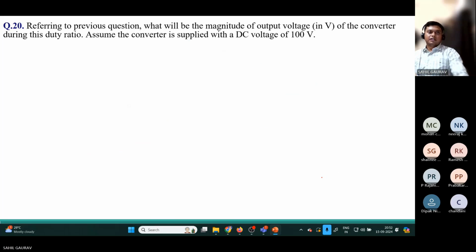So 0.5 is the correct answer. Now let us see the next problem. Referring to the previous question, what will be the magnitude of output voltage of the converter at this duty ratio? Assume the converter is supplied with DC voltage of 100 volt.